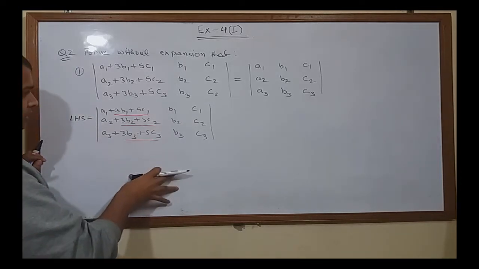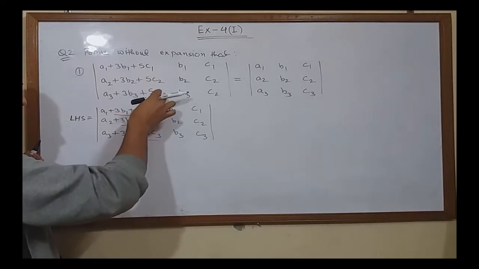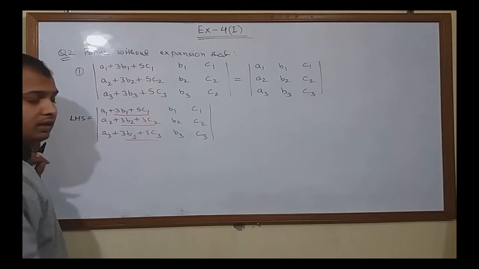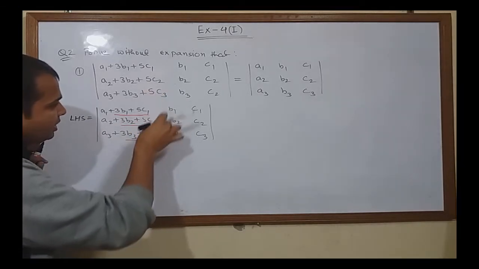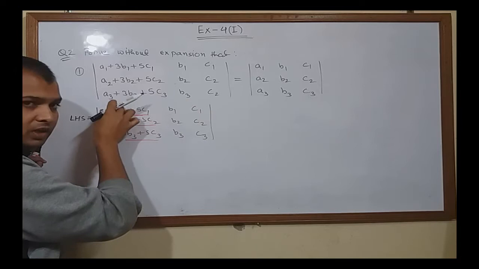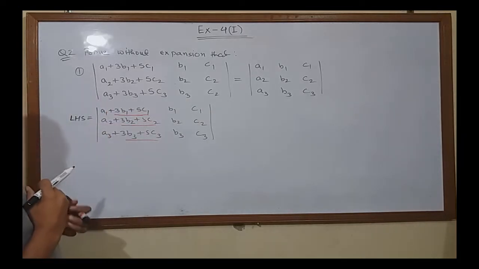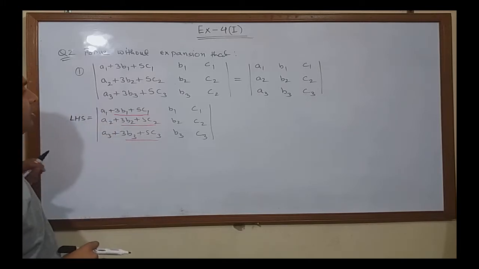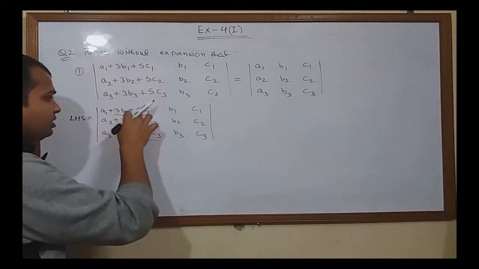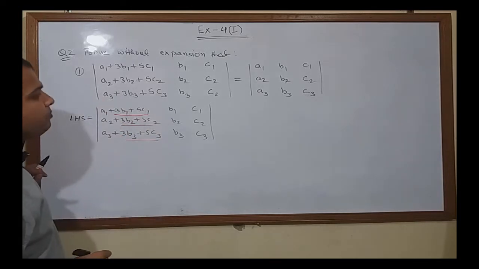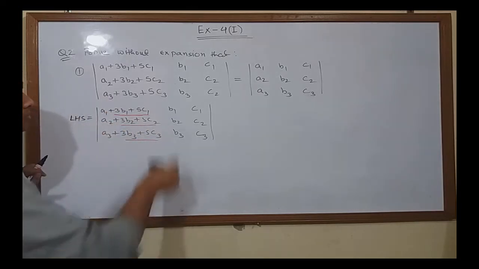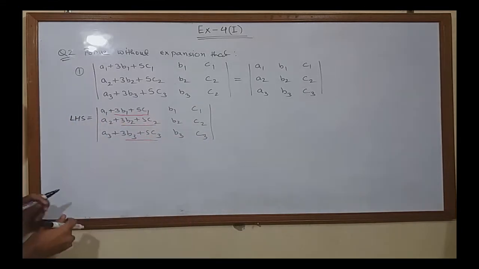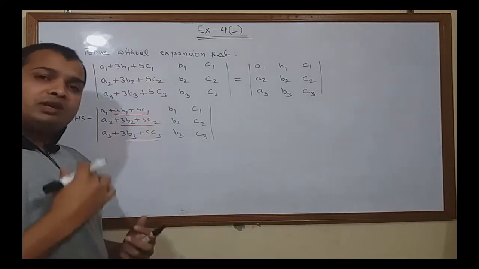So here I will multiply the second column by 3 and then subtract the result from the first column. That way I'll get rid of 3b1, 3b2, 3b3. Then I'll be left with 5c1, 5c2, 5c3, and those can be removed by multiplying the third column by 5 and then subtracting it. This is what we are going to do in the second step.